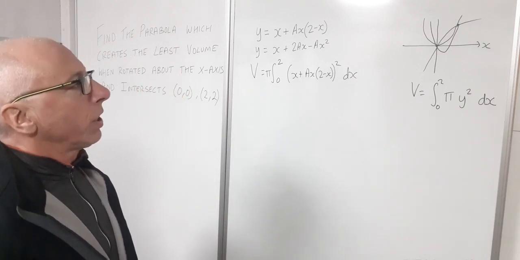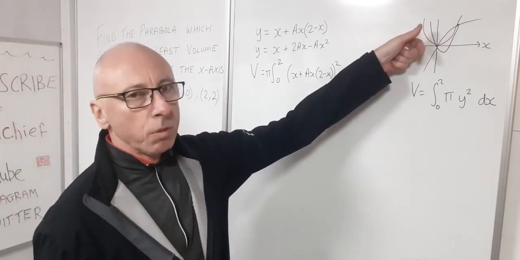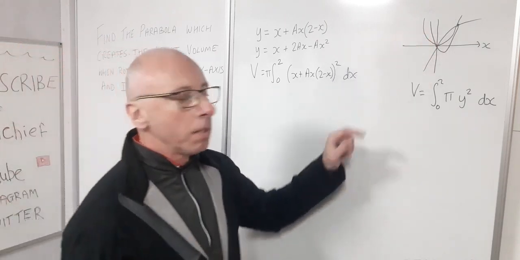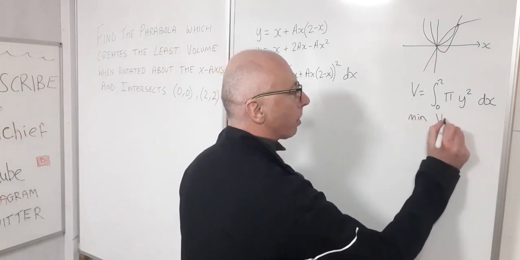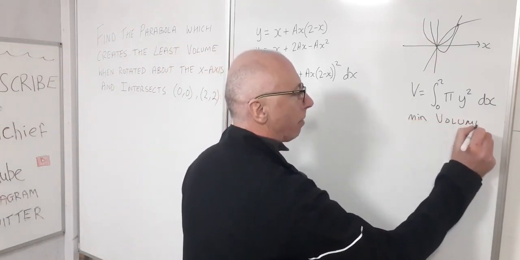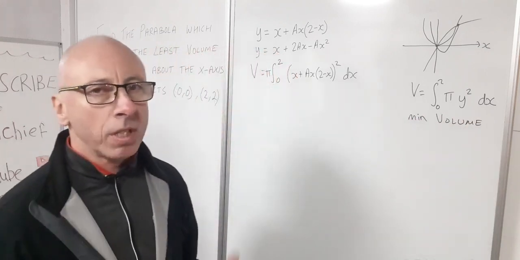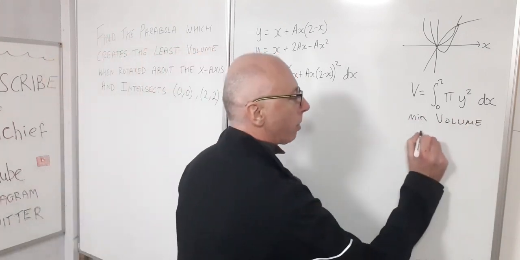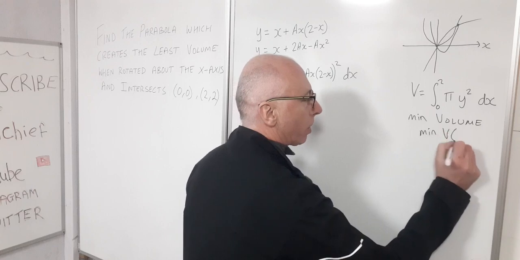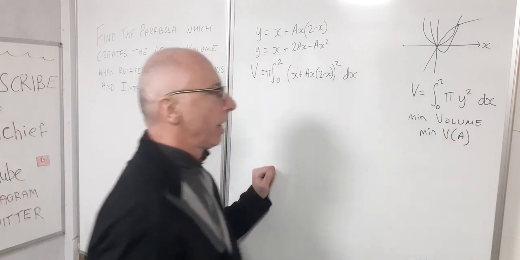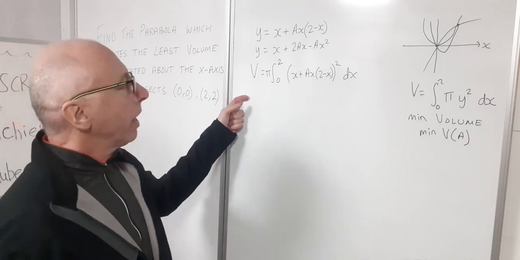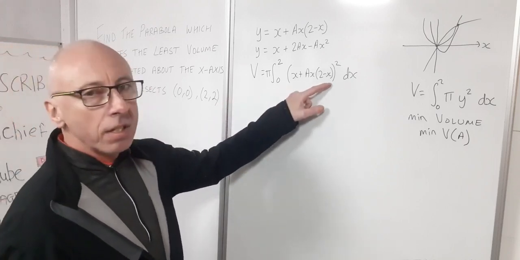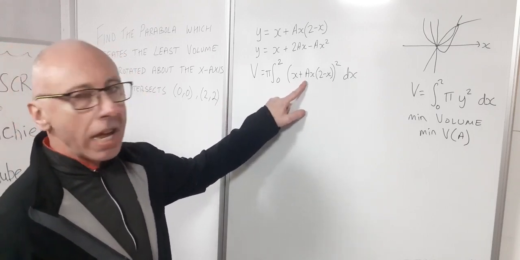But what we want is the smallest volume. So when can we get the minimum? We're interested in the minimum volume, but it's not in terms of x, we want it in terms of a. So we want the minimum of the volume in terms of a. To get our minimum value, we can take the derivative inside this integral with regards to a.